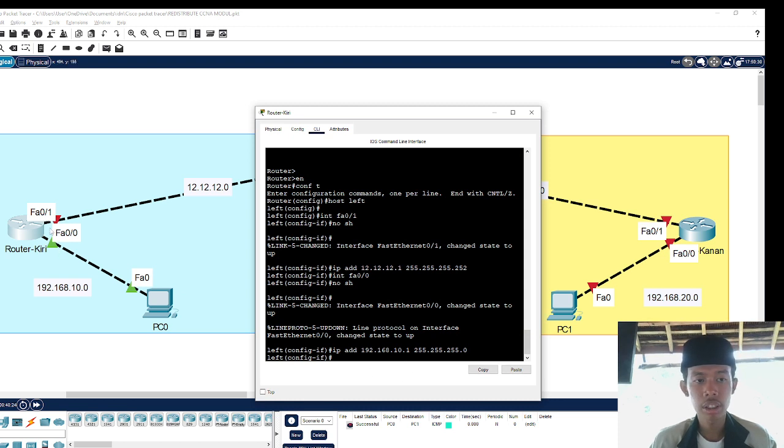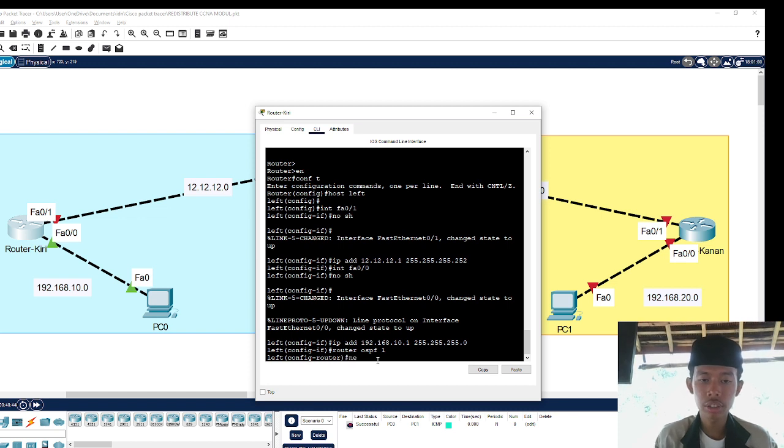FA0/0 is connected to the clients, and in a real case there must be a lot of clients, so we use a /24 mask. Then do an OSPF configuration: router ospf 1, and advertise the networks that it has.